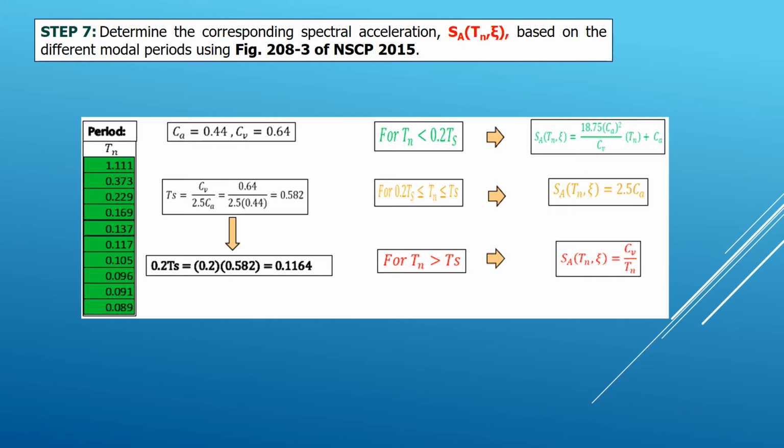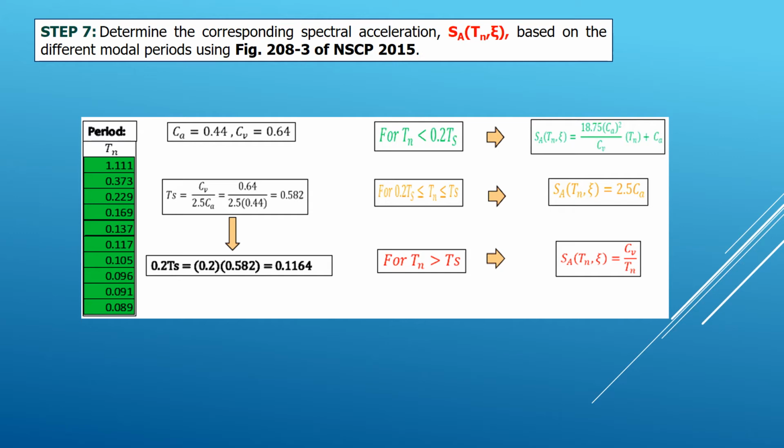So, in NSCP 2015 figure 208-3, formula for TS is equals to CV over 2.5 CA. So, we have 0.582. So, 0.2 TS is equals to 0.2 times the TS. So, yes, the 0.582 is equals to 0.1164. So, itong value na ito is magagamit natin mamaya.